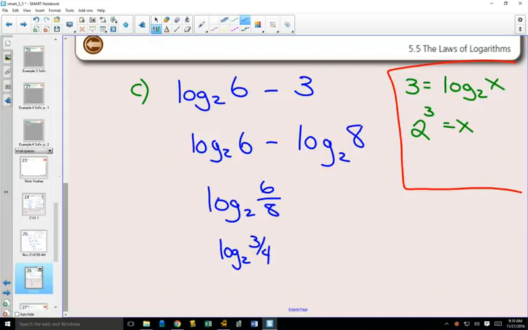Because if I use my log laws, does it make sense that that's equal to log 2 of 3 minus log 2 of 4? Expanding it again. And log 2 of 4 is what? That one you can do with mental math.